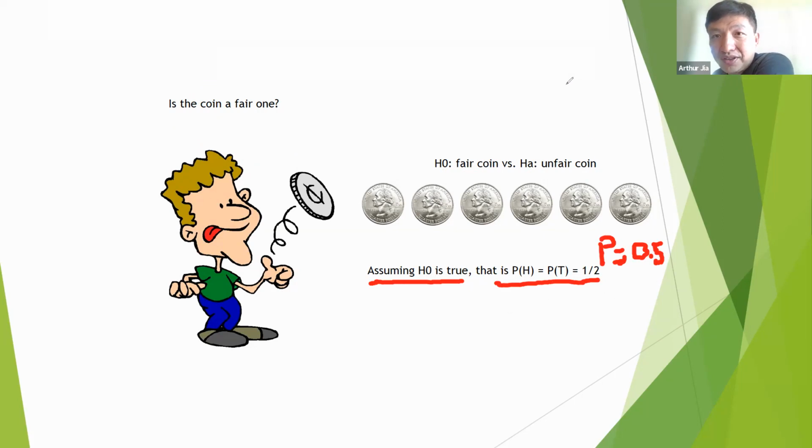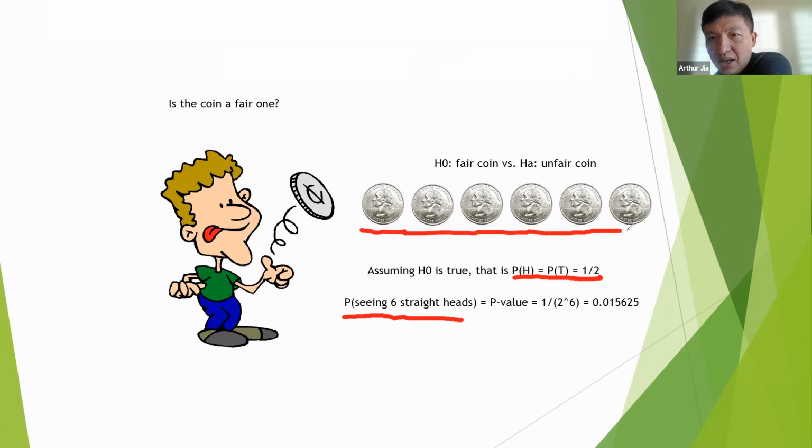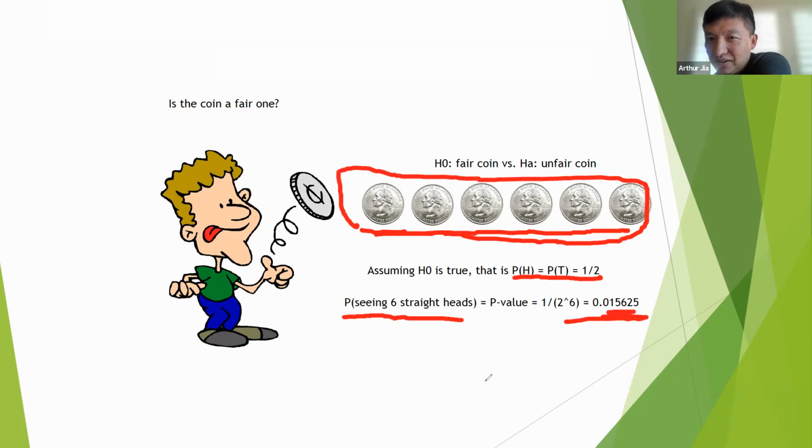If this is the parameter of the null model, then we can calculate the probability, or likelihood. Here I just give you a quick impression. We can use this null model to calculate the p-value, the probability of seeing 6 straight heads like this. If this is a fair coin, the chance to get this data is like this.